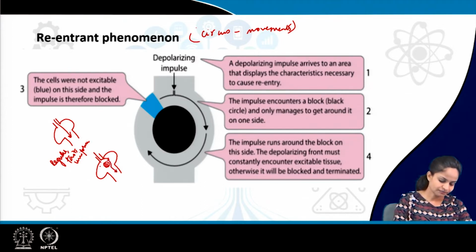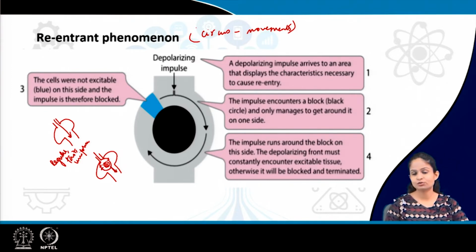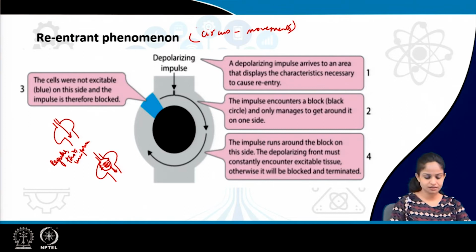Now, this portion might not be reached because this portion might be refractory. So, whenever the impulse passes here and after that comes back to this region, the portion which was refractory earlier might become excitable, and hence the circling motion of the impulse goes on.